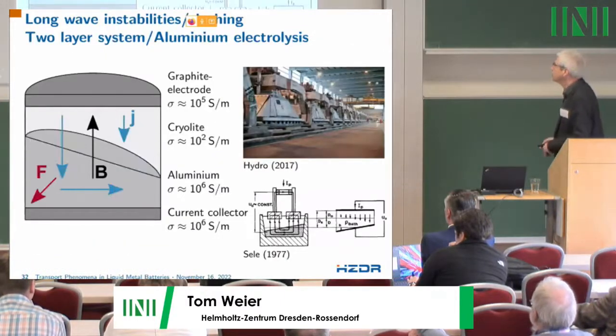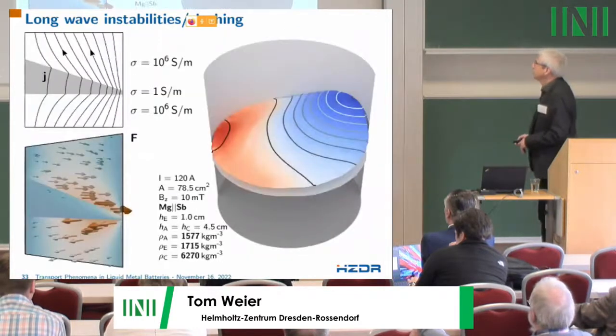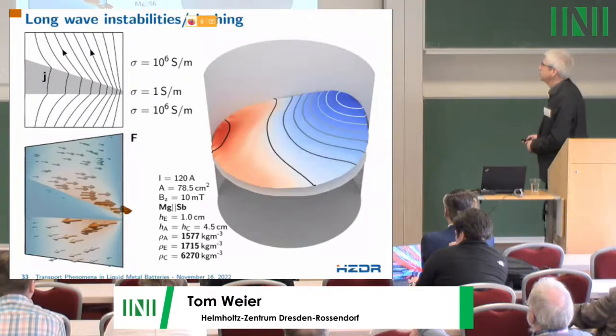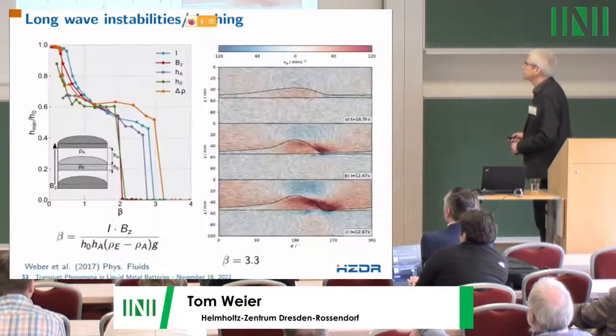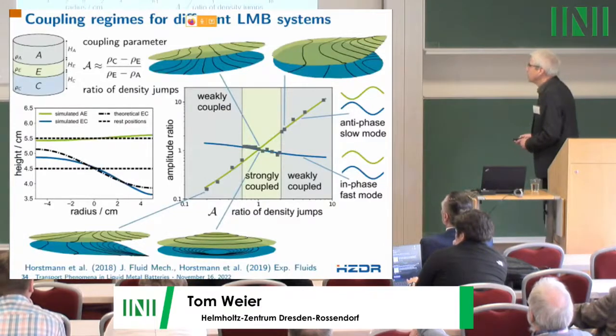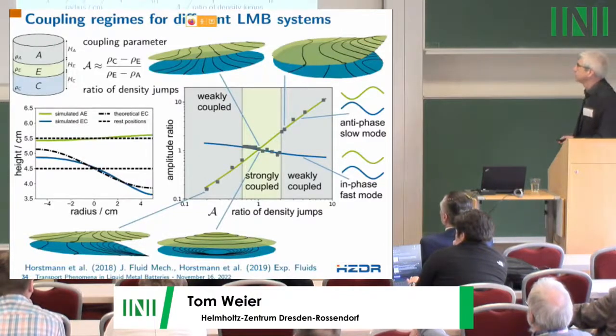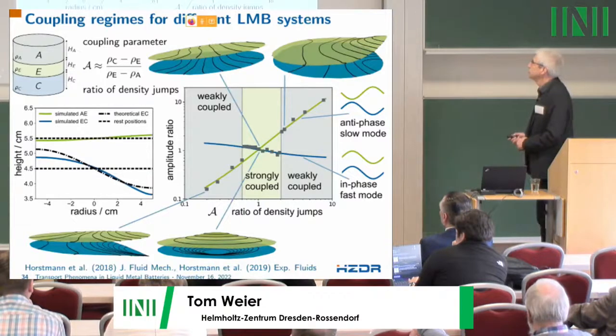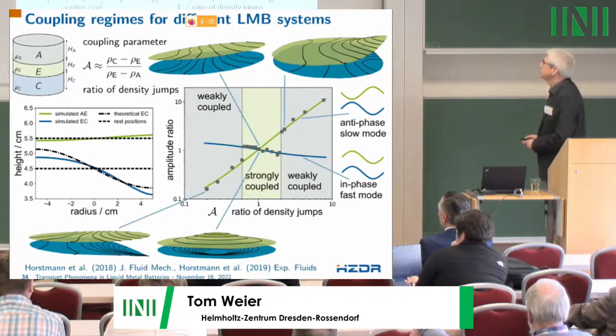We have already talked about these metal pad instability in aluminum reduction cells, and that Seele is not sufficient, and that Gerrit did very good work on the coupling of the two interfaces.